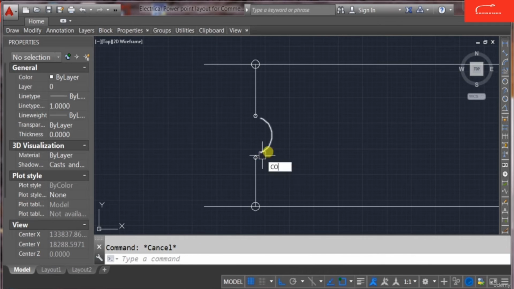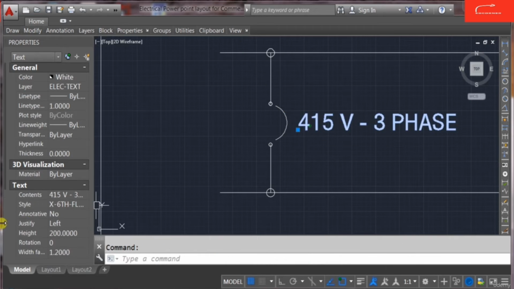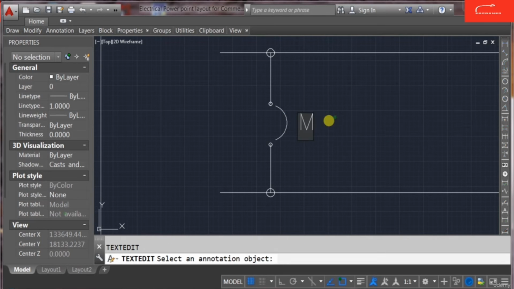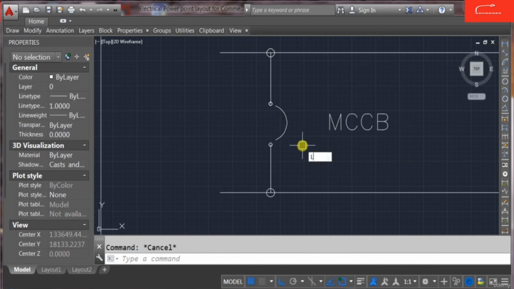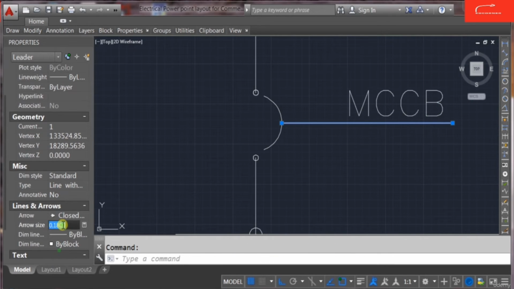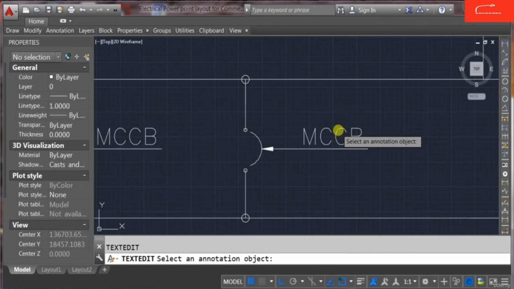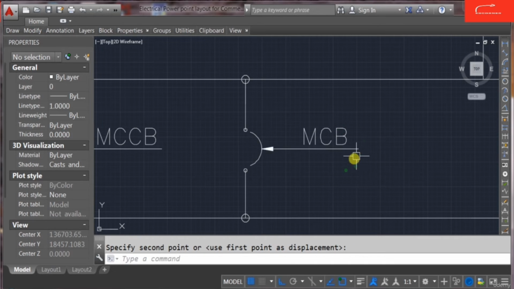This is MCCB symbol. So I'll mention over here, this is main MCCB. Here it is MCB, that is miniature circuit breaker.